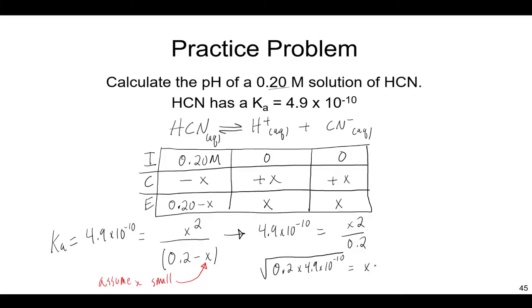And here we get an x value of 9.9 times 10 to the negative 6 molar. Okay, where really that represents here my H plus concentration.